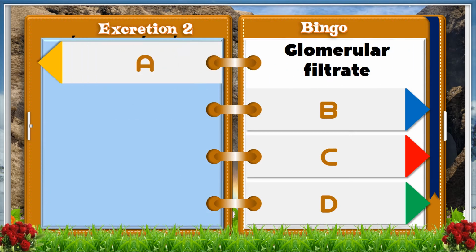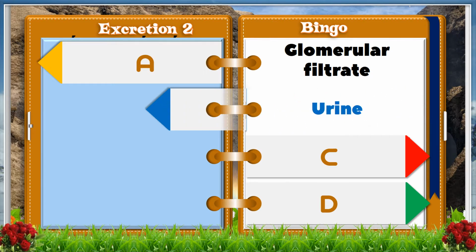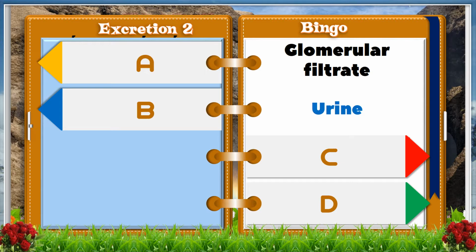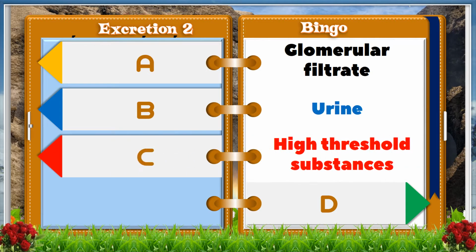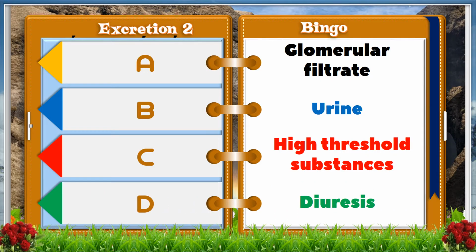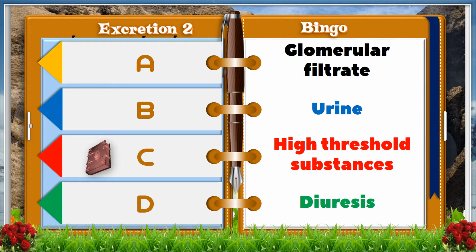A. Glomerular filtrate. B. Urine. C. High threshold substances. D. Diuresis. And the answer is C. High threshold substances.